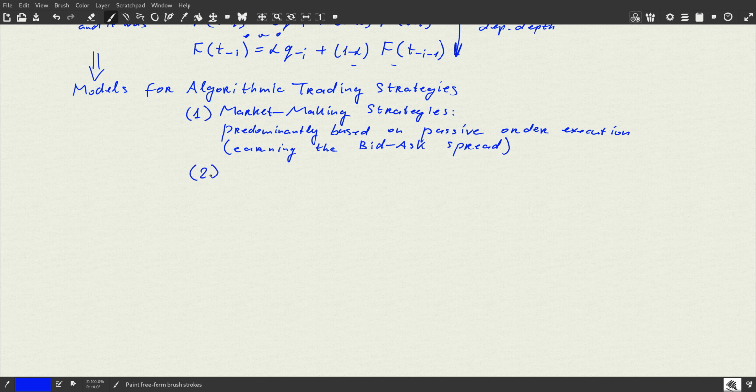And the second class, which is very important, and that's probably what comes to one's mind in the first place when we're talking about algorithmic trading strategies. Market making is something which you need to know about before you come up with this type of idea.